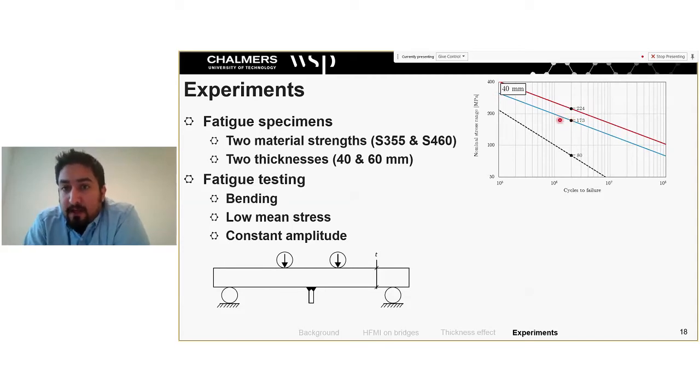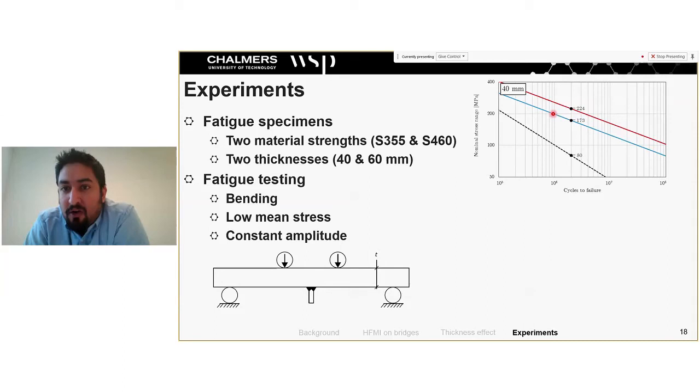So let's consider a loading of 200 megapascal. That would, in a regular case, correspond to approximately 100,000 cycles before the detail fails. While if we use HFMI treatment with a steel grade of 355, that corresponds to 1 million, suddenly.